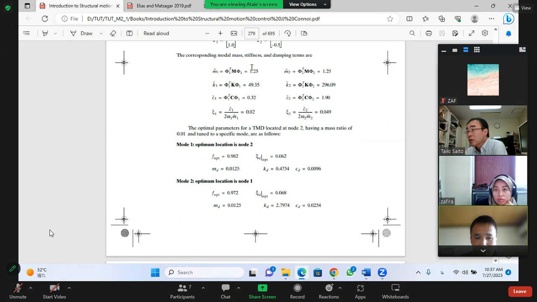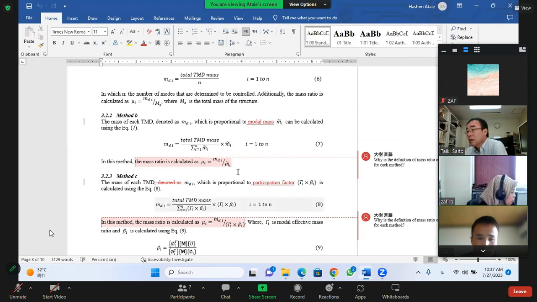So 1% multiplied by the modal mass is the mass of TMD. So it means that the mass ratio is the mass of TMD over modal mass in both cases. But in your paper, how do you define mass ratio?